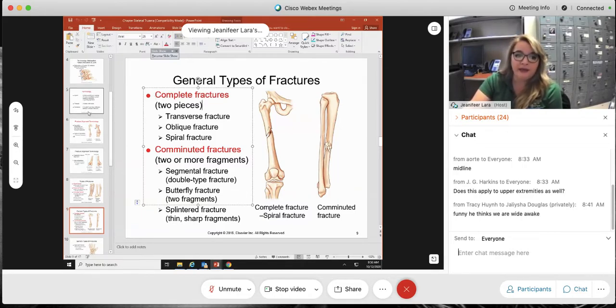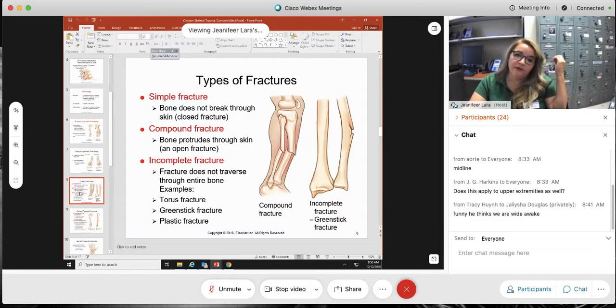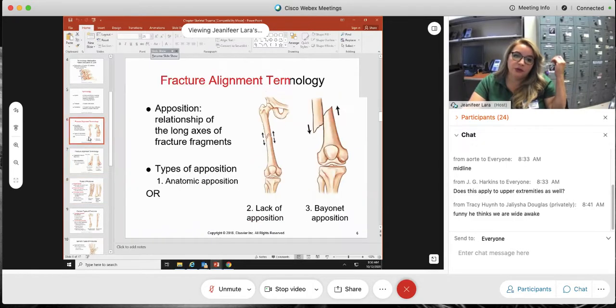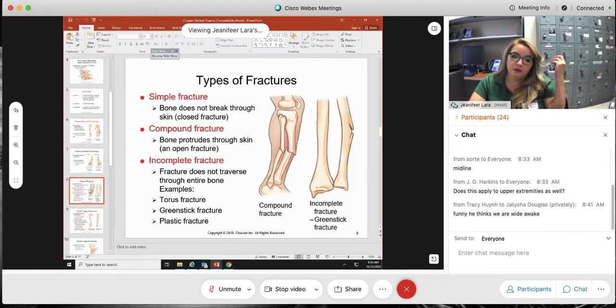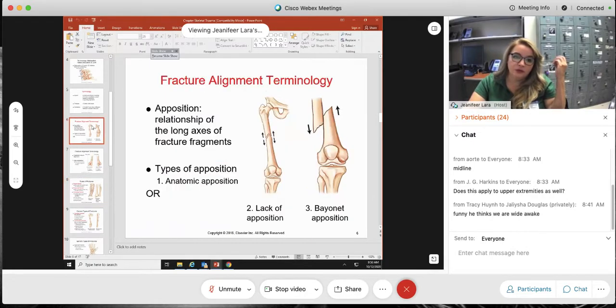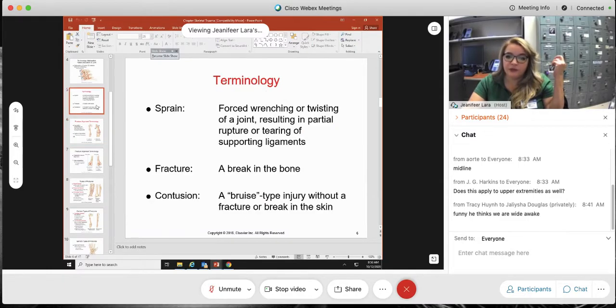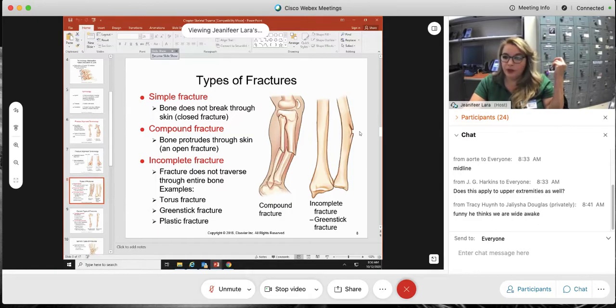So how would I outline this? What would be a good idea? How would I outline this, Betty? Because we saw complete fractures. Fracture alignment. We talked about complete fractures as being a break in the bone through and through. All the way through, right? You have simple, closed, meaning it did not break through the skin. Compound, it broke through the skin.